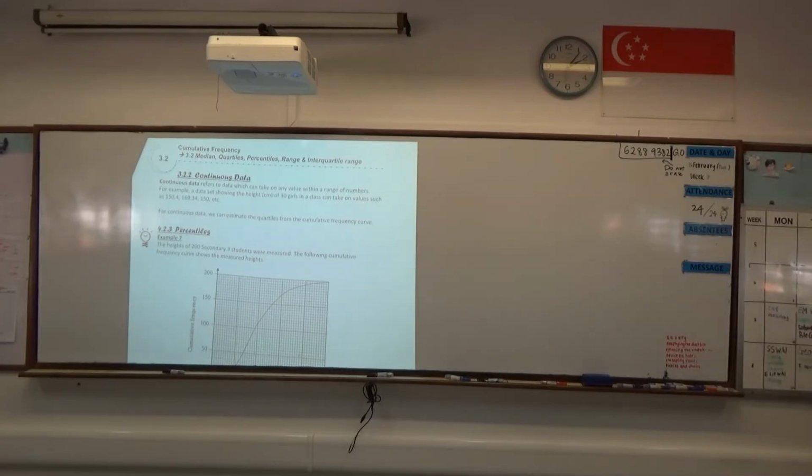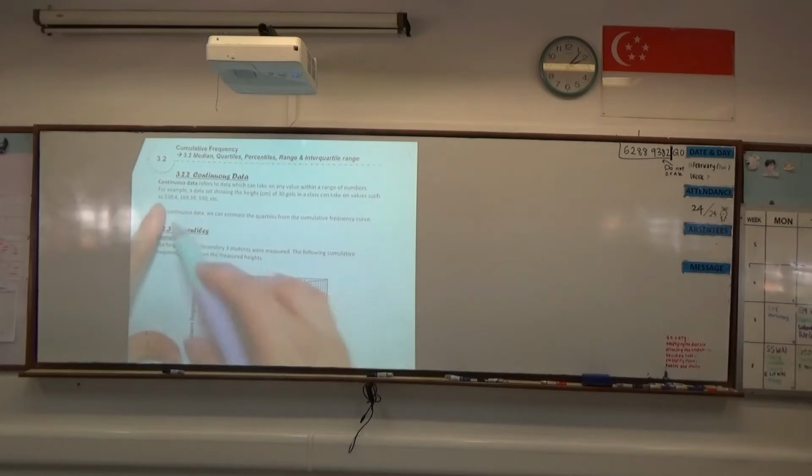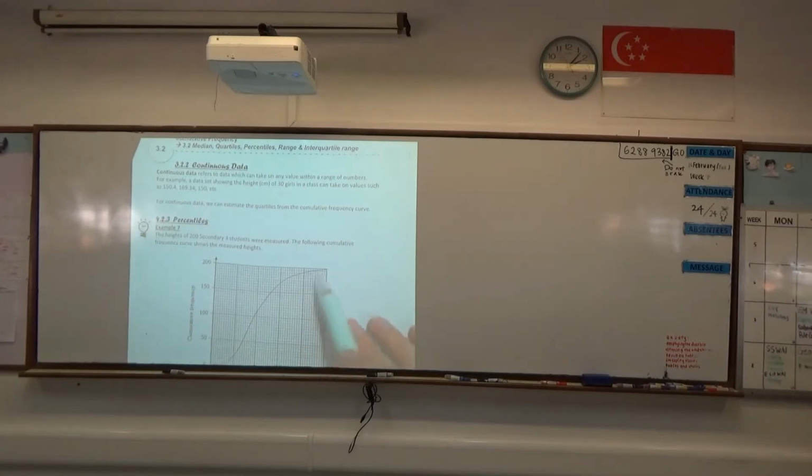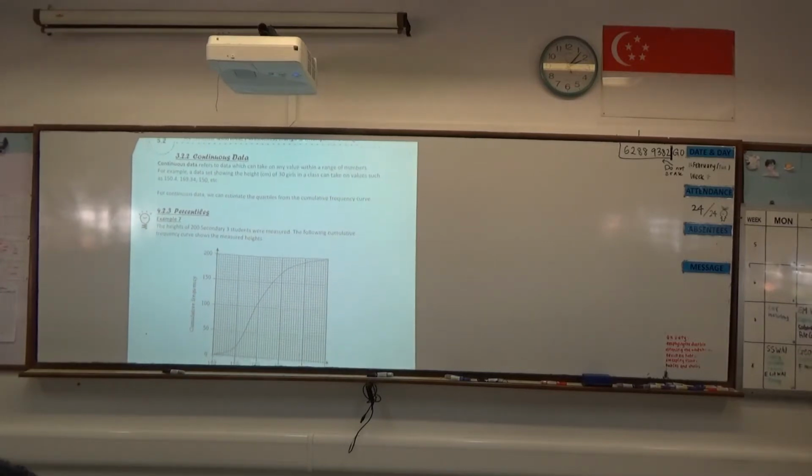As I mentioned previously, if I have the height of 30 girls in the class, it can take on very specific values, and we may not be able to keep track of every single value, so we want a continuous form, and that can be represented in a cumulative frequency curve.